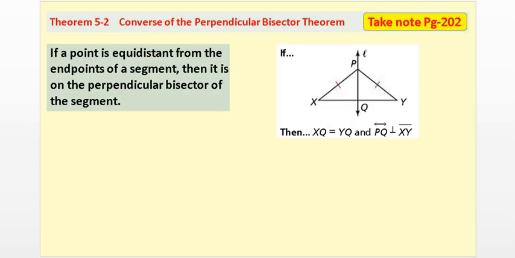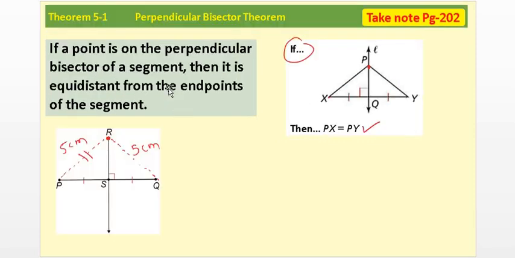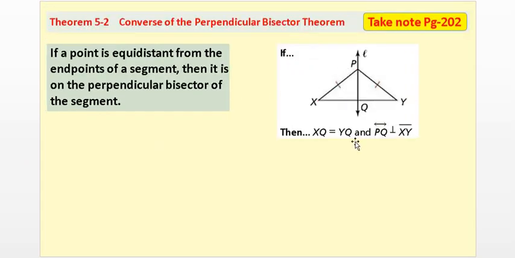Next, we have the converse of this theorem. It means that if a point is equidistant from the endpoints of a segment, then it is on the perpendicular bisector. Same thing, if you know that point R has the same distance from point P and from point Q, the endpoints of the line segment, then it will be lying on the perpendicular bisector.